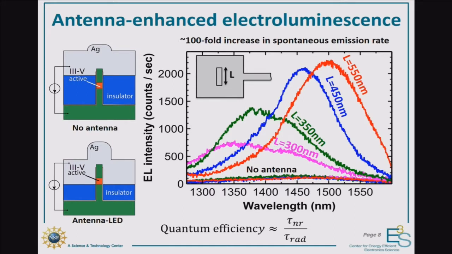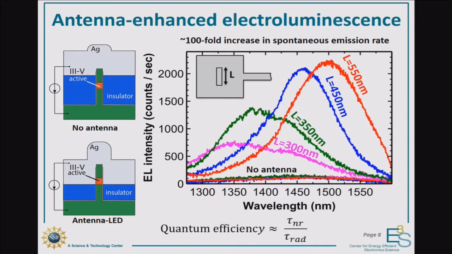Now, this particular device was operated in a regime where the non-radiative rate was dominant, and so we can approximate the quantum efficiency as being equal to the non-radiative lifetime divided by the radiative lifetime. So any decrease in the radiative lifetime from your antenna is going to result in an increase in the intensity of your light emission. And keeping that in mind, that allowed us to easily extract the enhanced spontaneous emission from the antenna.